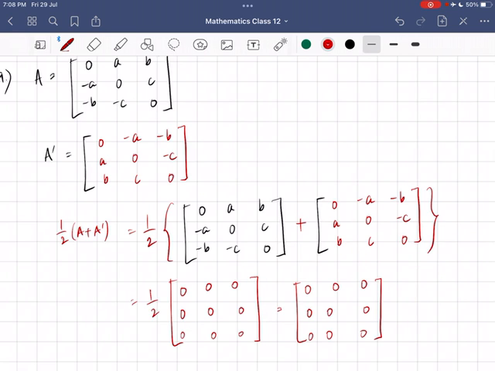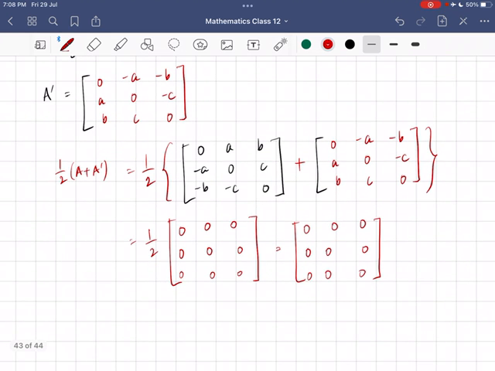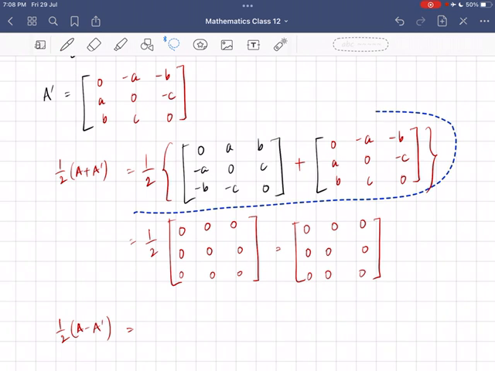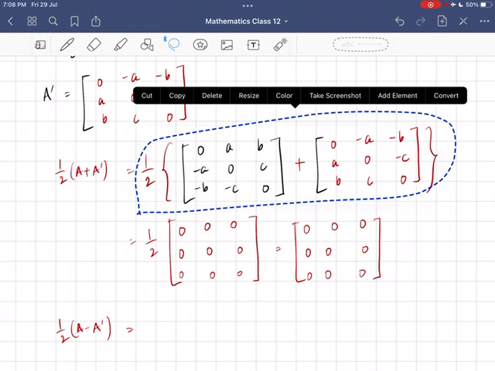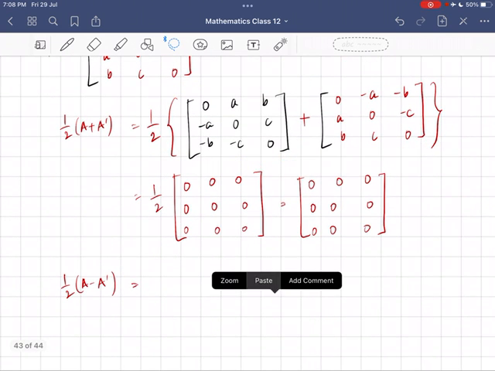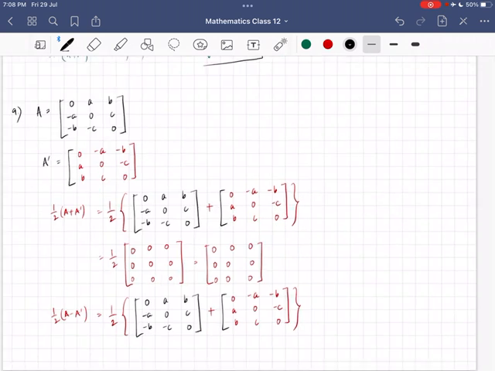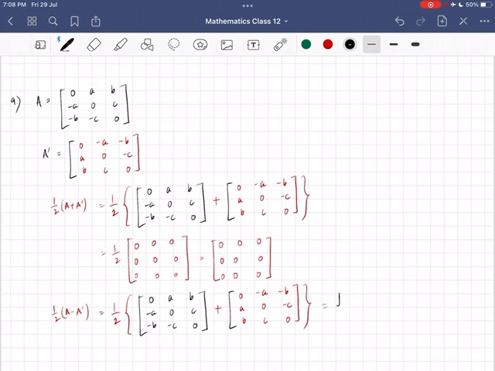Now we're going to do half of A minus A transpose. This is all we need to find. So for this one what we need to do is copy A minus A transpose. So look very carefully. So we have half, okay, this one will be minus sign.